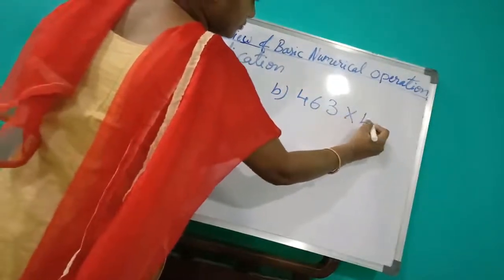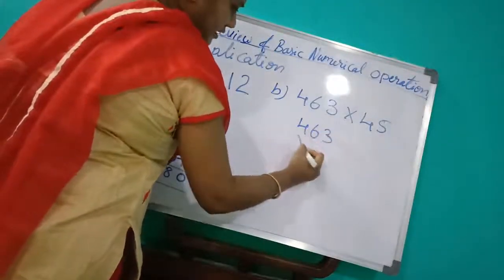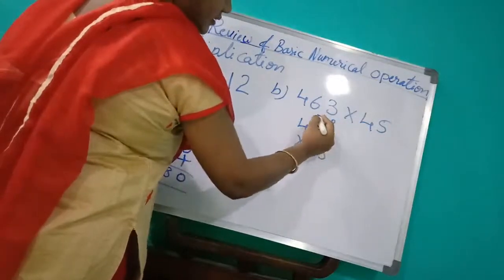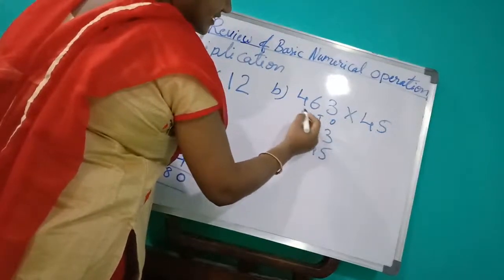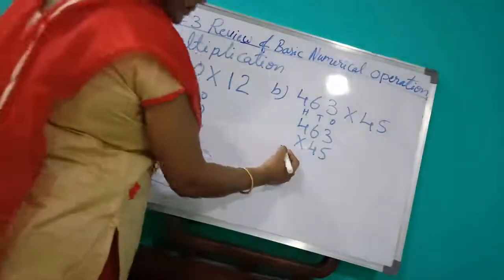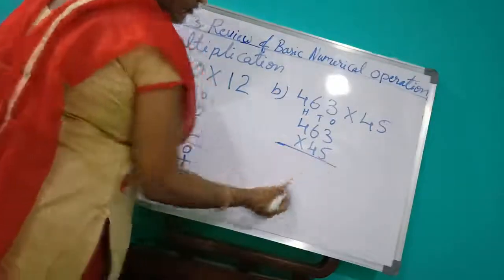See here, into 45. Ones place, tens place, hundreds place. Again, what you have to do, you should multiply these two numbers. First you should multiply by the 5.